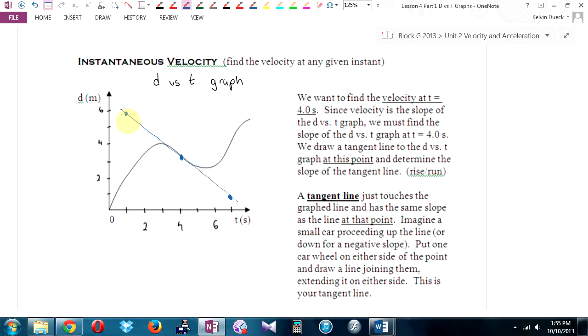But what if I wanted to find the velocity at 6 seconds? If I wanted to find the velocity at t equals 6, I'll do that one in red. I would say right there, eyeballing it, kind of like that, except apparently way lower.